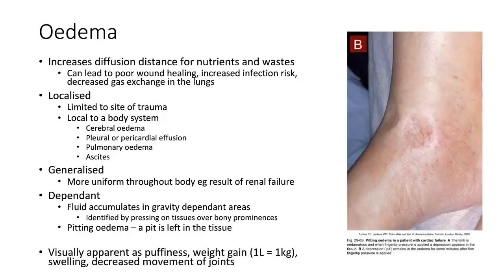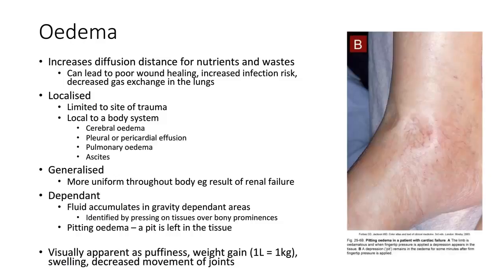In terms of what happens with the tissues, whenever we have edema, that is fluid being retained in the interstitial tissues, then there's a much larger distance for nutrients and waste products to move from the vascular bed to the cells and back again.